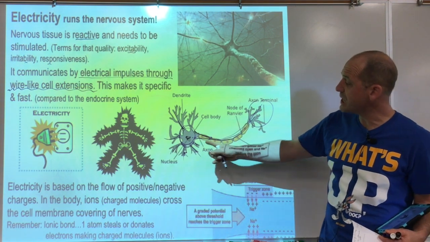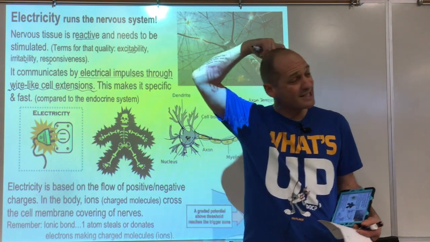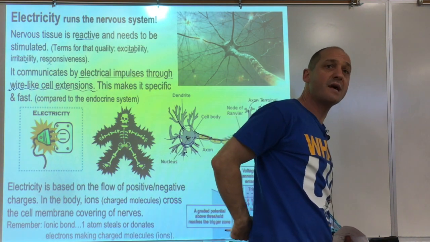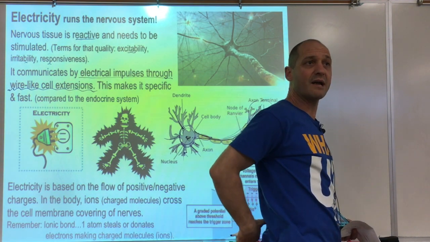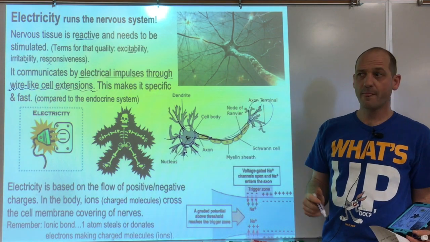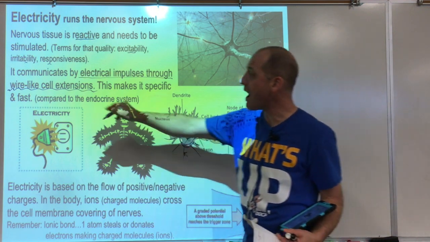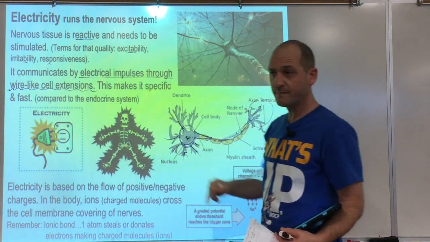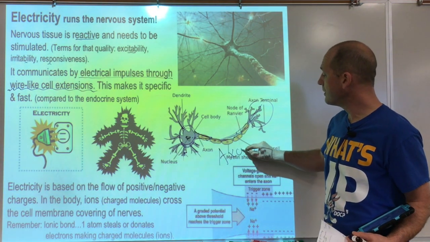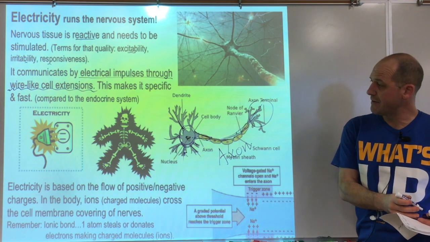But very often, for example, we have a nerve cell body that sits up here in the brain, and the extension goes all the way down the spinal cord to the place where the nerve comes out. So that could be a long extension, up to 1 meter long. And that's the part that the electricity is sent through. That's that wire-like extension. We're going to term that the axon, but we're going to learn about that in the second half of the lecture today.